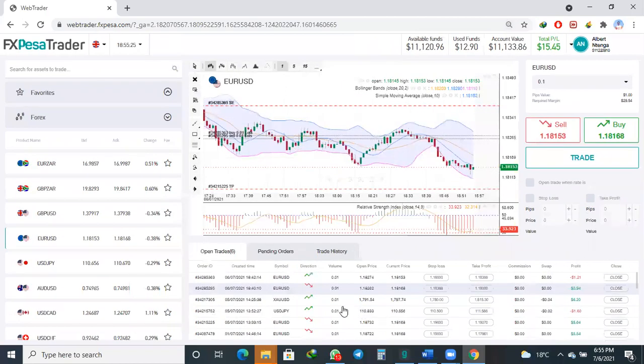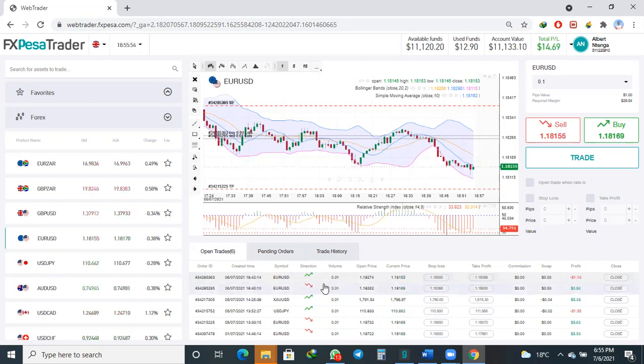For one using a mobile app, you have to click on that specific trade, and it will give you options to either modify, that's number one, and then number two, to close the trade.